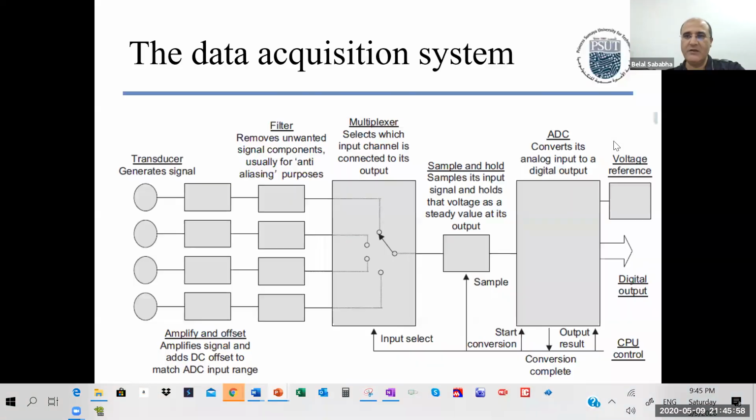Okay. So the 8 pins we have, which are these. See? 1, 2, 3, 4, 5, 6. We have 8 channels. We cannot afford to have 8 ADCs.